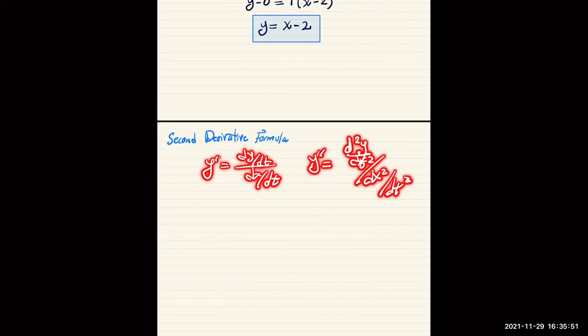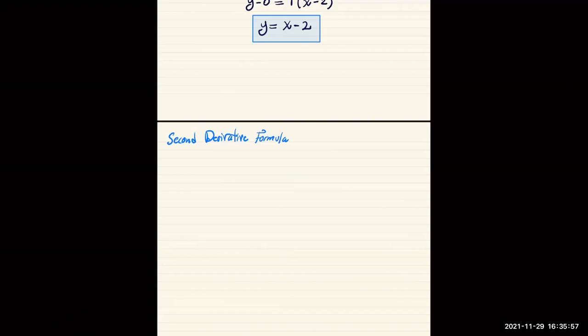Take the second derivative of each parametric equation and divide, and that would be wrong.